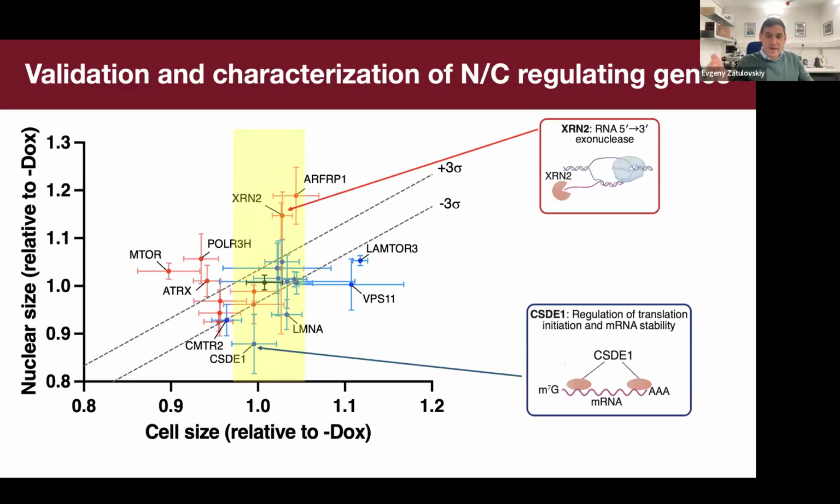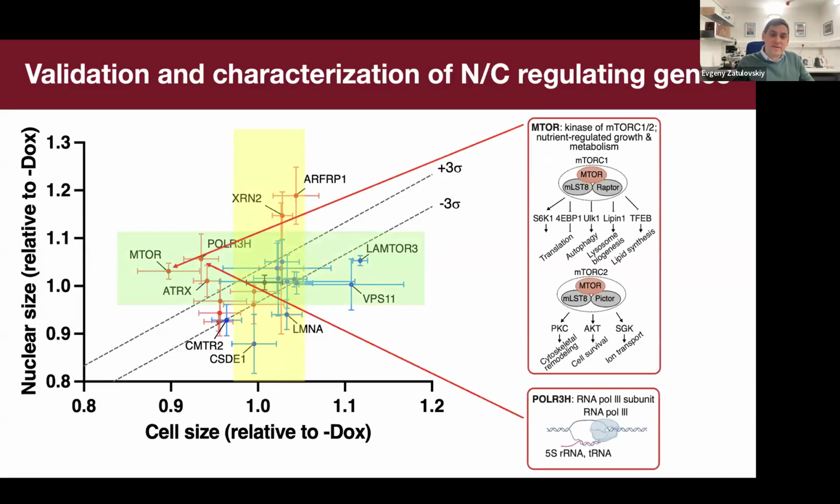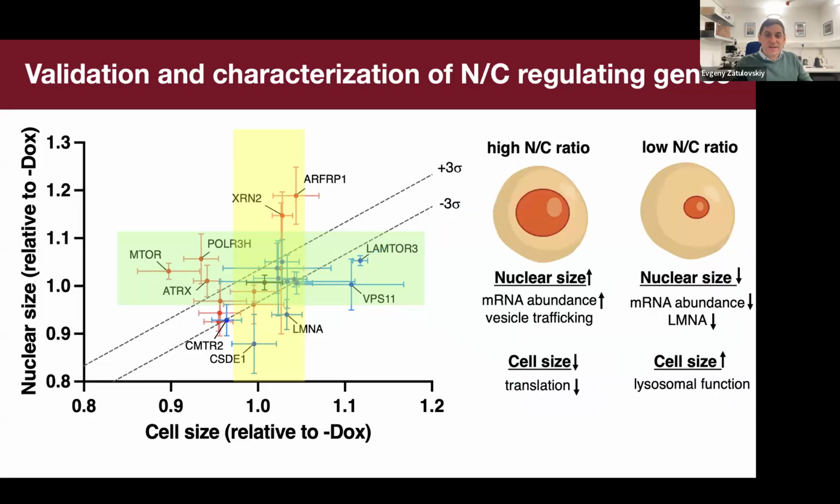For example, XRN2 or this CDE1 protein that regulates mRNA stability, they change the nuclear size mostly, but don't change the cell size. While mTOR activity, for example, or an RNA-pol3 subunit, they change cell size without changing the nuclear size too much. And we see some vesicle-related proteins as well, which we don't really know what it means yet.